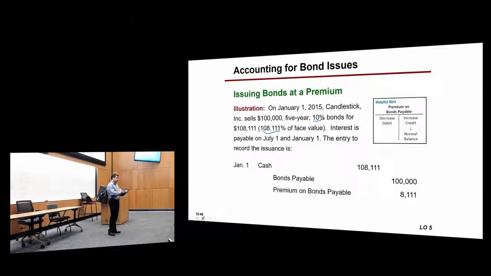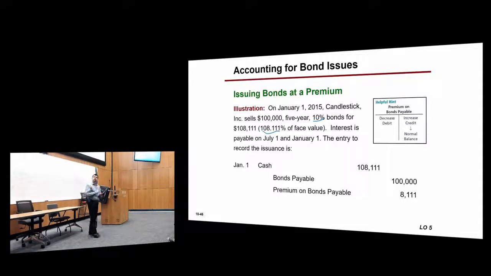Any questions? So when you have a discount on bonds payable, you debit cash, you debit the discount, and you credit bonds payable.